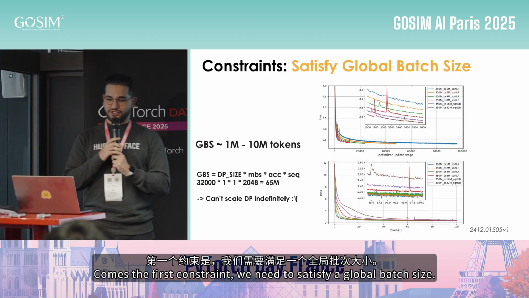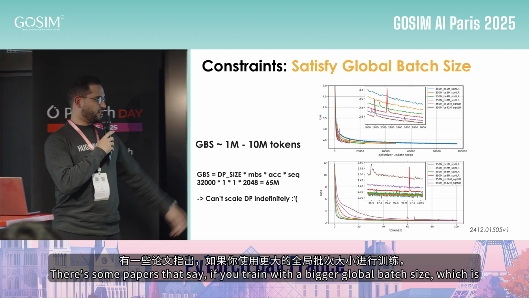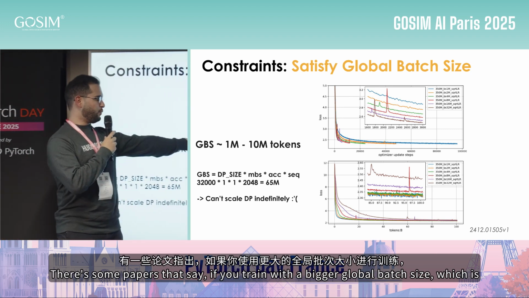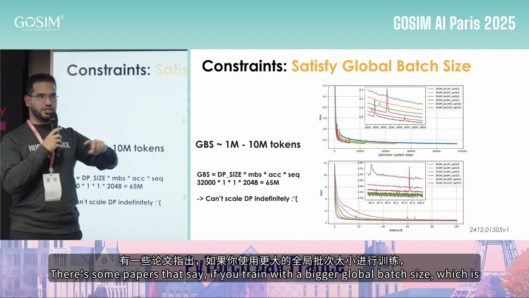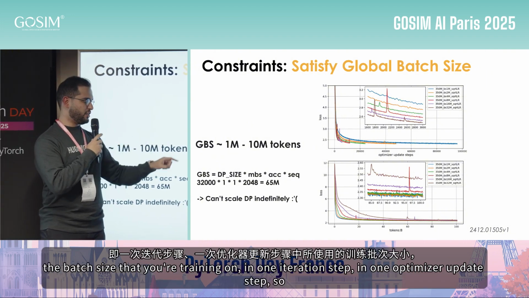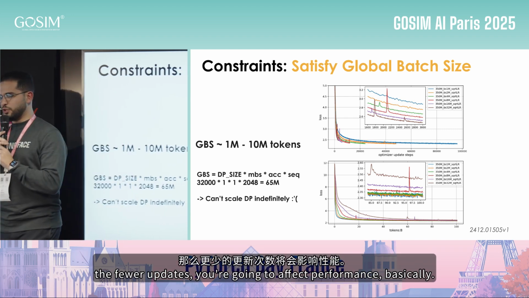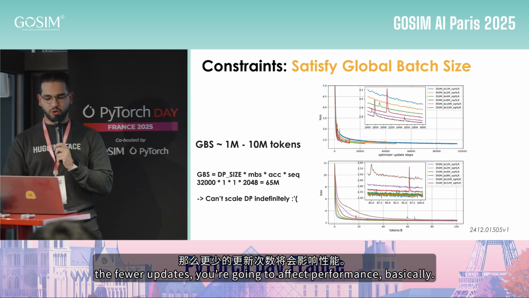Here comes the first constraint. We need to satisfy a global batch size. There are papers that say that if you train with a bigger global batch size, which is the batch size you train on in one iteration step, in one optimizer update step, you get fewer updates, and you're going to affect performance, basically.